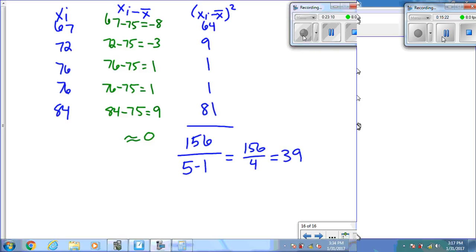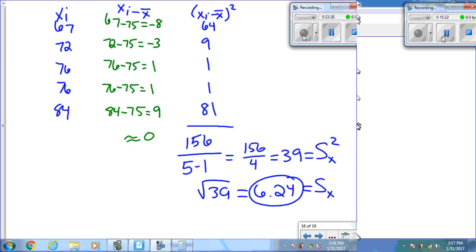Once I find my variance, then I'm going to take the square root of it. So the square root of 39 is 6.24. That would be my standard deviation. So standard deviation is 6.24. The variance is 39.